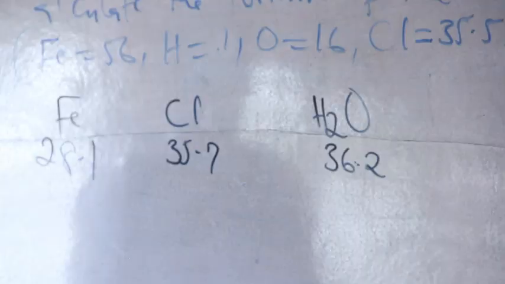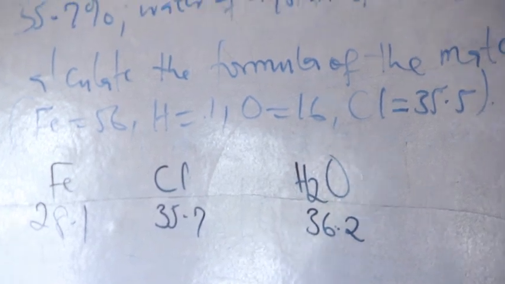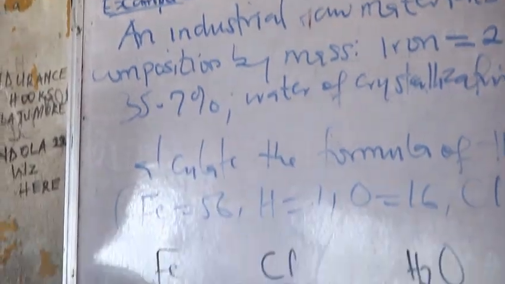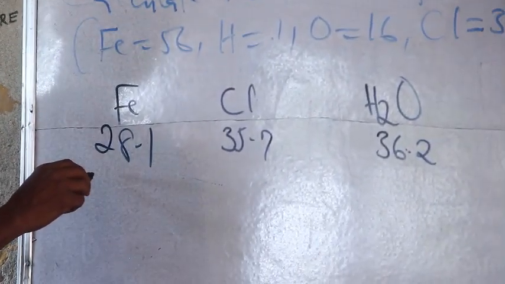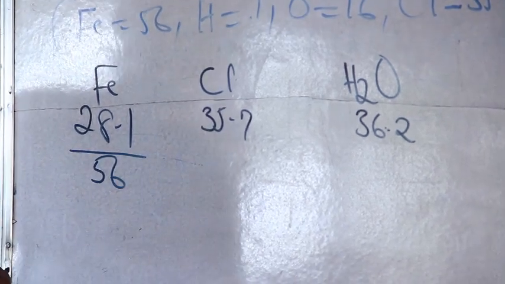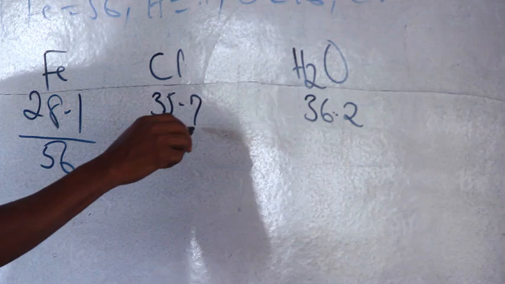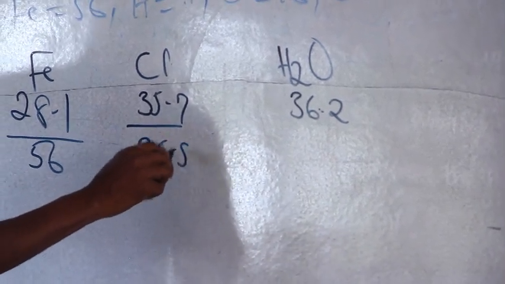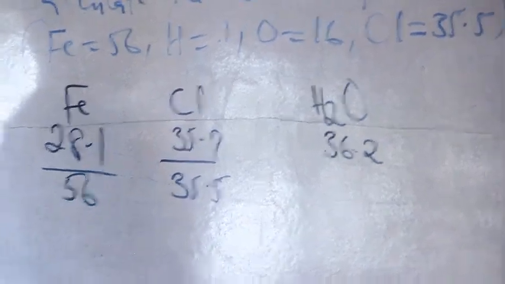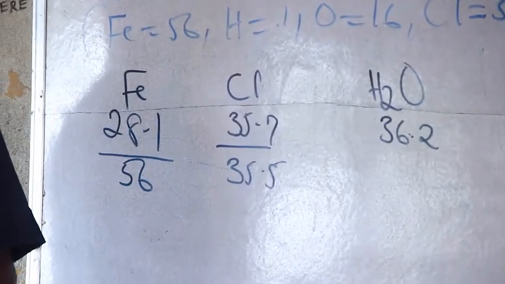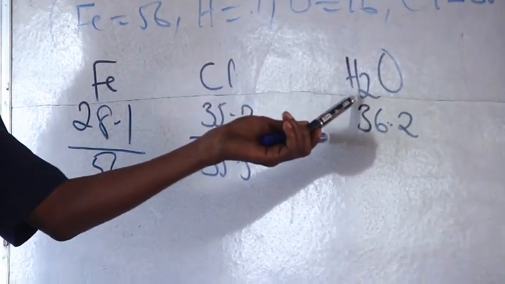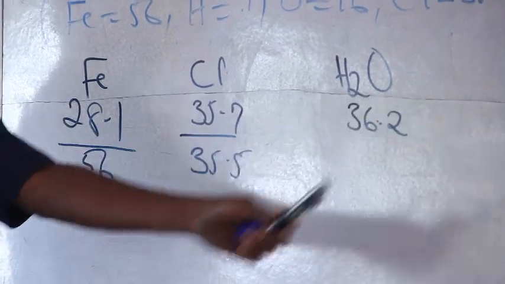Now each of what the material contains should be divided by their atomic mass. So what is the atomic mass of iron? 56. Atomic mass of chlorine we have 35.5. And what is the relative atomic mass of water? I hope you all know how we arrive at 18. Yes. So you have the mass of hydrogen, 2 atoms, which is 2, plus 16.